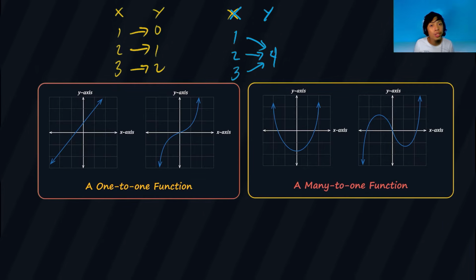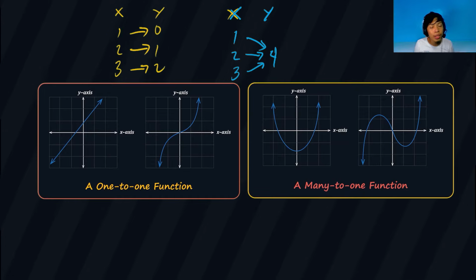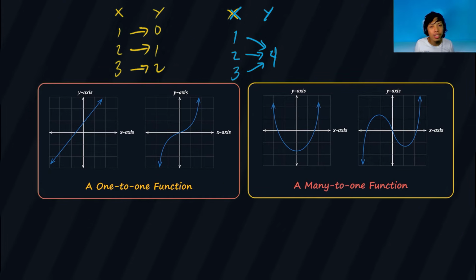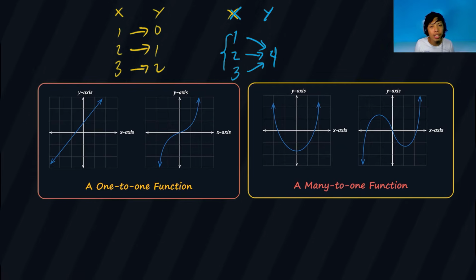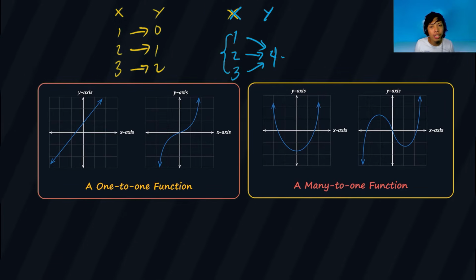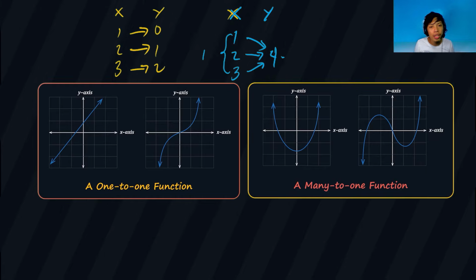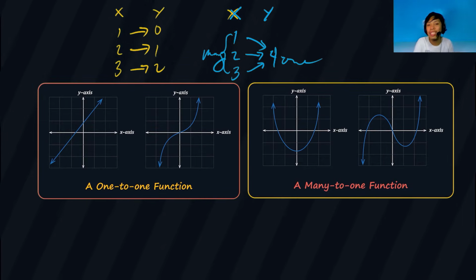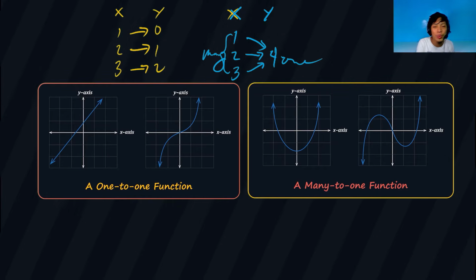This is still a function because each element in x corresponds to a single element in y. But this is many, kasi many ang x to 1. Many to 1. That's the difference between 1 to 1 and many to 1 function.